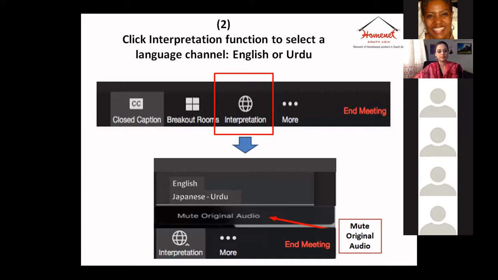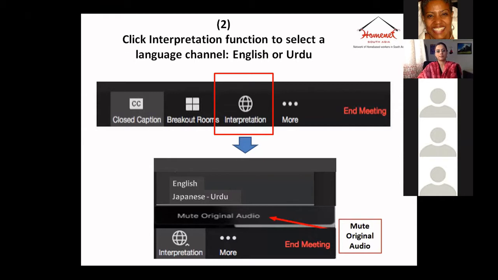So for all language speakers besides Urdu, please click on the English tab. For Urdu speakers, please click on the Japanese tab, where the translation from English to Urdu will be provided. So in this webinar, you need to select a language. It's either English or Japanese/Urdu to hear the speakers.